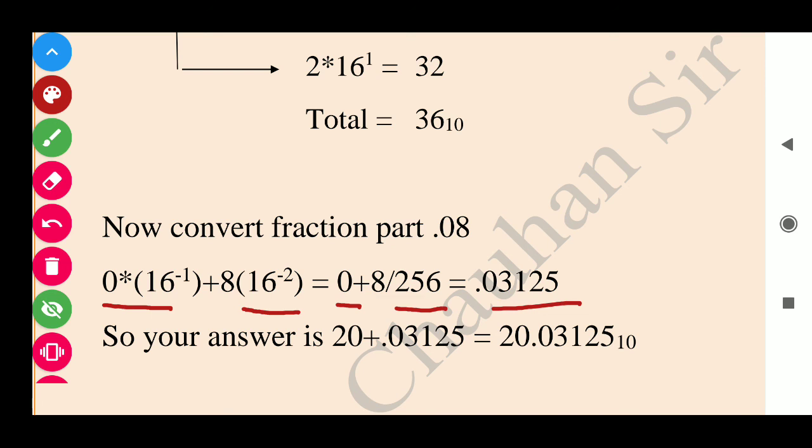So your answer is 36 plus 0.03125, and the final result is 36.03125 base 10, that is a decimal number. It is clear now. So like this way you have to convert your numbers.